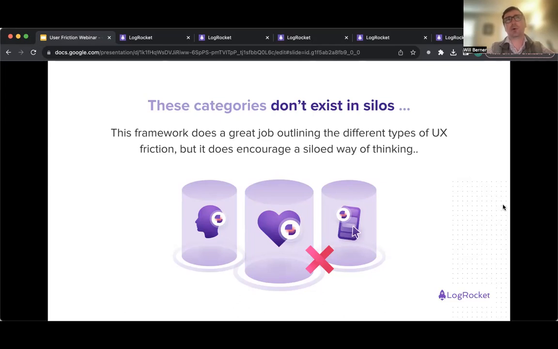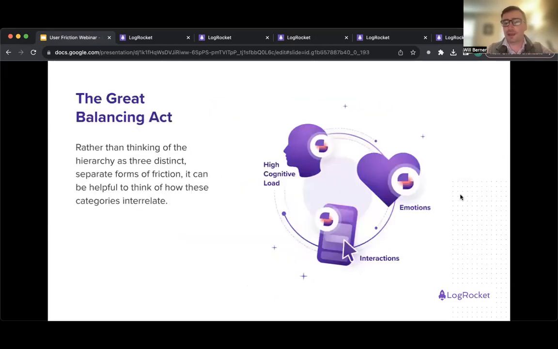I think it's important to consider that each of these forms of friction interrelate with one another and actually balance each other. So rather than siloing them in a pyramid, I think a better way of thinking about it is like a bi-directional flywheel, where at the end of the day, you're actually using these friction points to balance one another.